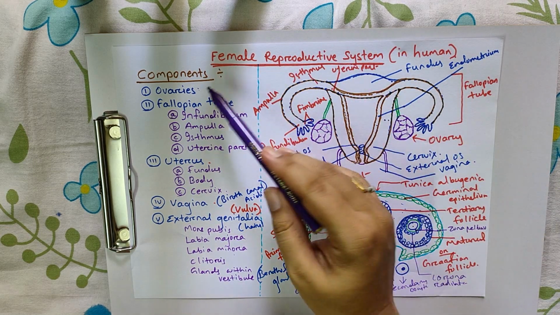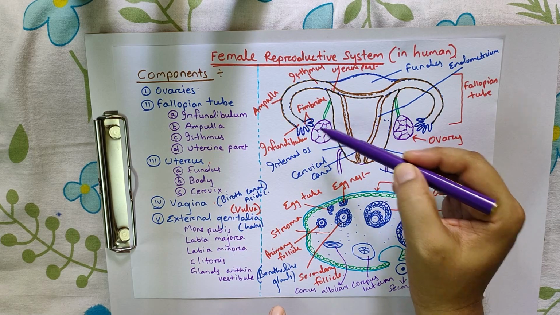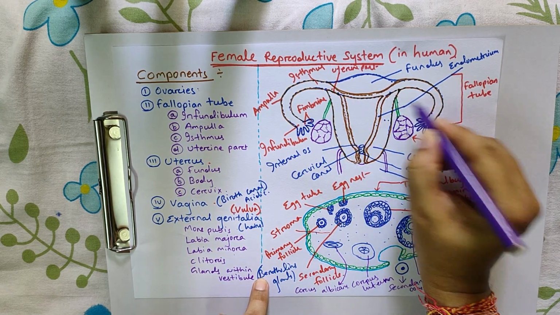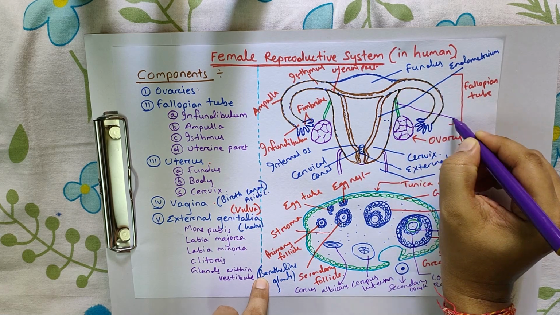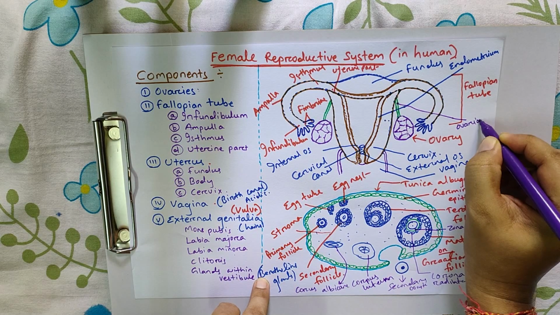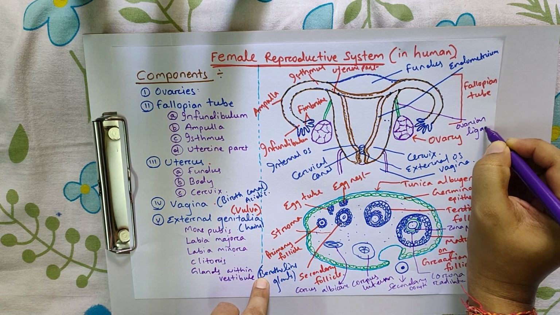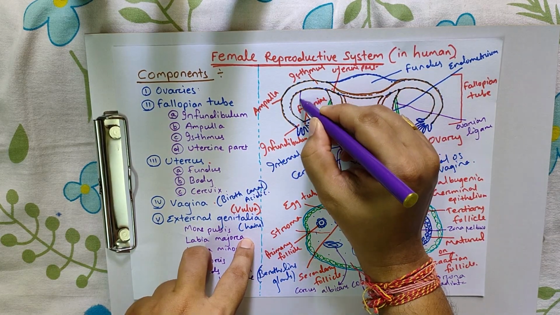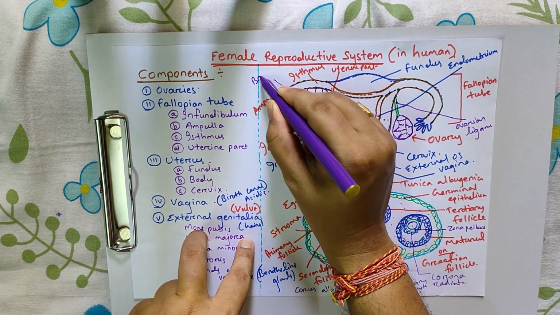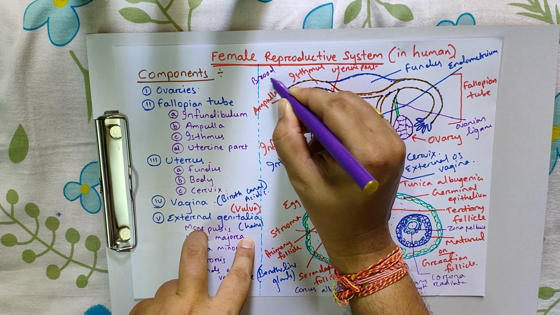In this way, we study the ovary. This ovary is connected to the uterine wall by this green structure, the ovarian ligament. There is some other structure here, the broad ligament.